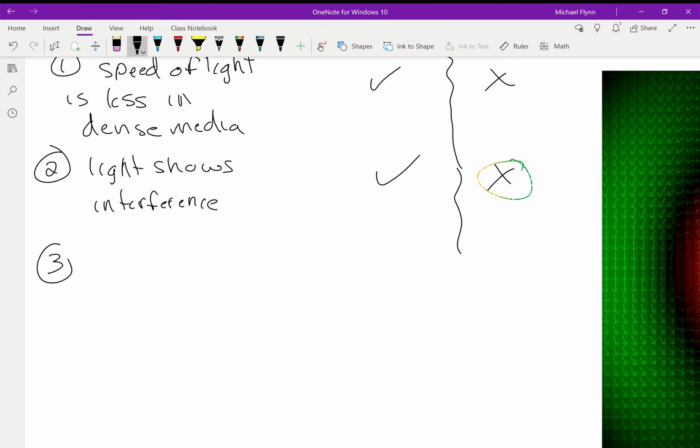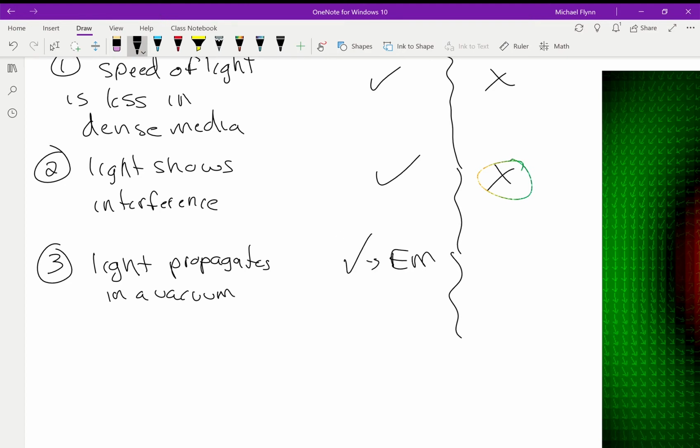Okay, 3. Light propagates in a vacuum. Okay, so yes for Huygens now in the 1800s. How? By EM waves.